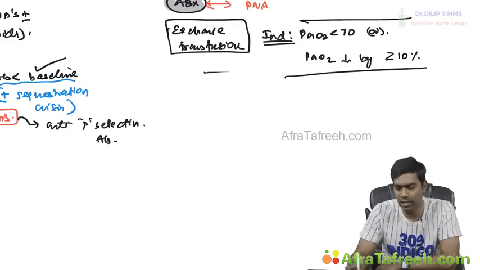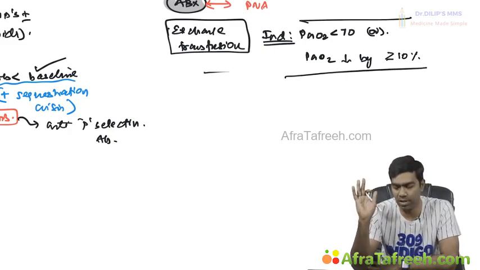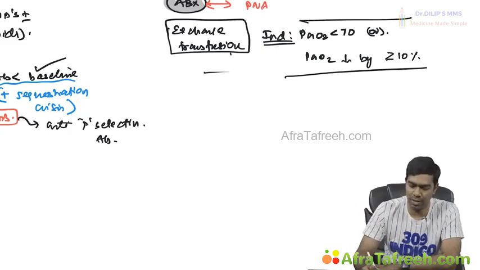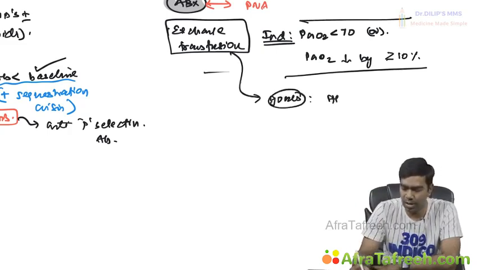So PaO2 less than 70, or a decline in PaO2 of at least 10% from the baseline value. These are the indications. And the goal of exchange transfusion, if they ask you, is to keep the hemoglobin S to less than 30%.